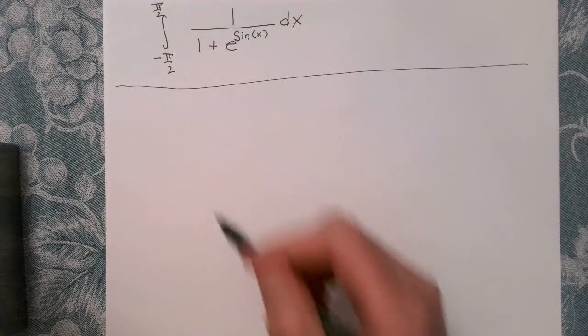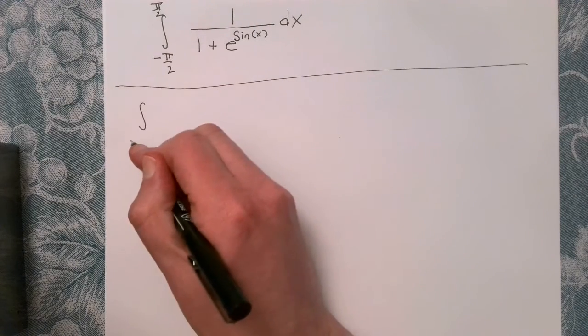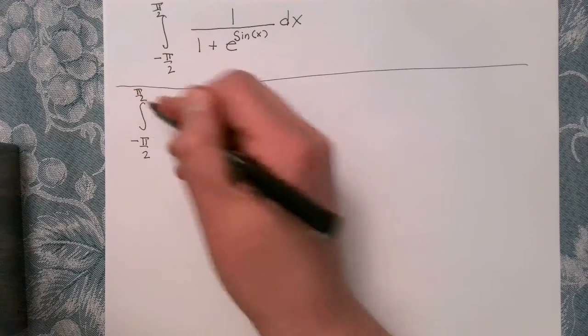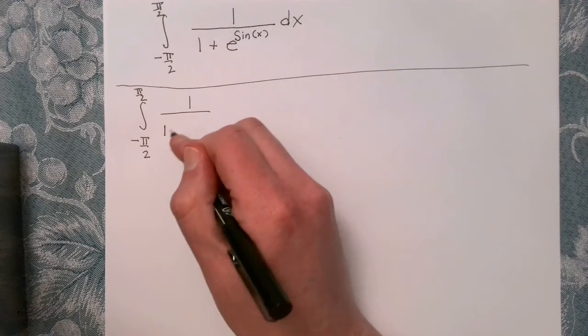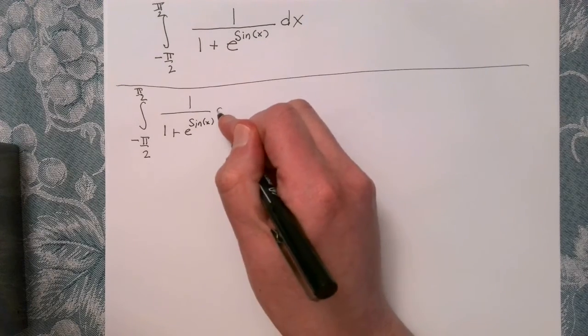All right, so let's take a look here. So we have the integral from minus pi over 2 to pi over 2 of 1 over 1 plus e to the sine of x dx.